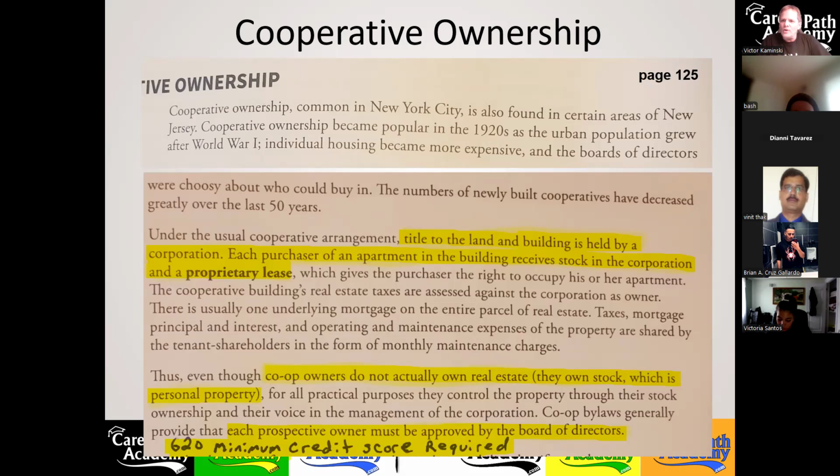In a co-op, you don't own the property. The corporation owns the real estate, and they give you a proprietary lease to occupy the space in which you're living. So you bought a stock certificate, you bought into that corporation, they gave you that proprietary lease. So you actually don't own real estate, so you can't pledge it as collateral for the loan. So when you buy into a co-op, you need to get a personal loan or use cash.